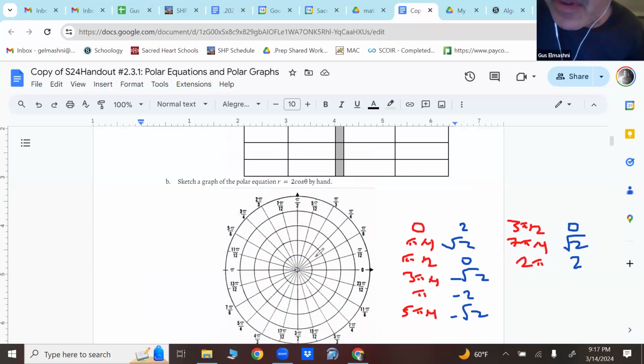So for 0, 2: when the angle is 0, you want a radius of 2, so it's right here. When the angle is pi over 4, you want a radius of root 2, which is probably over here, because root 2 is between 1 and 2. You put the point on the circle where that radius is. This is radius 1, this is radius 2, radius 3, radius 4, and so forth.